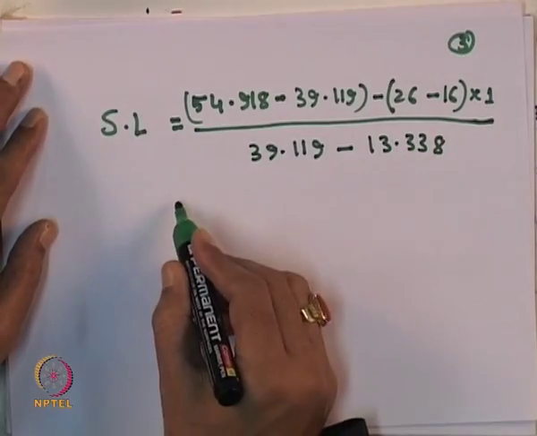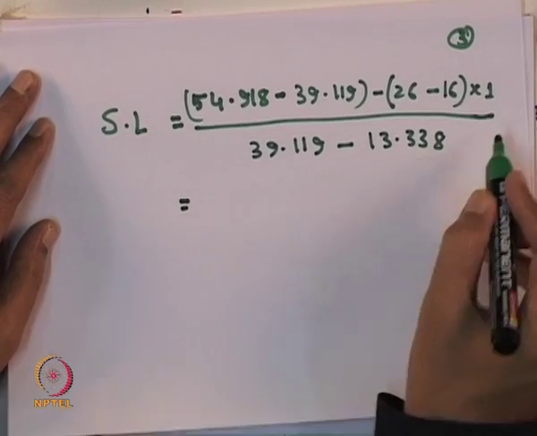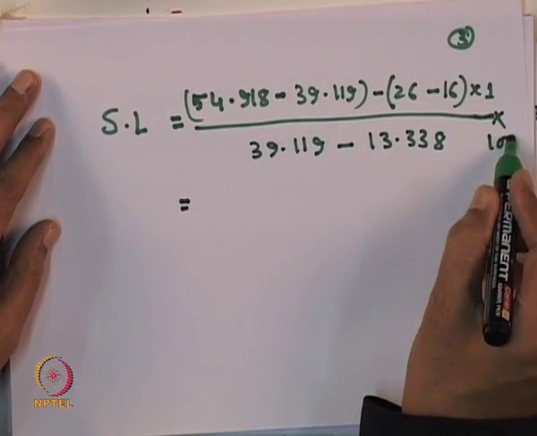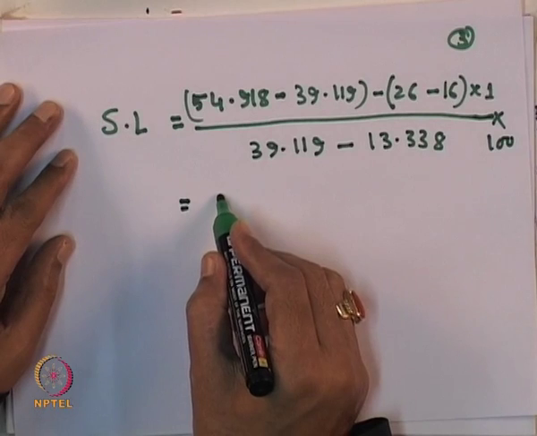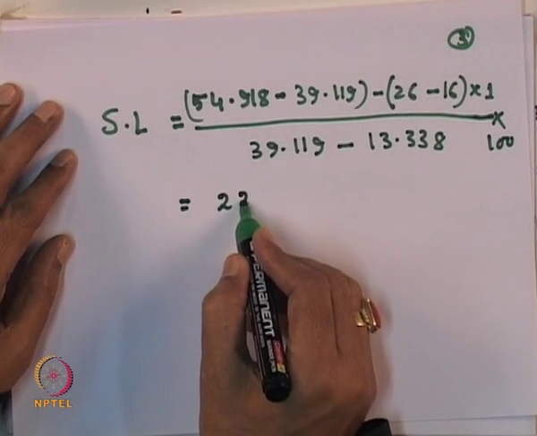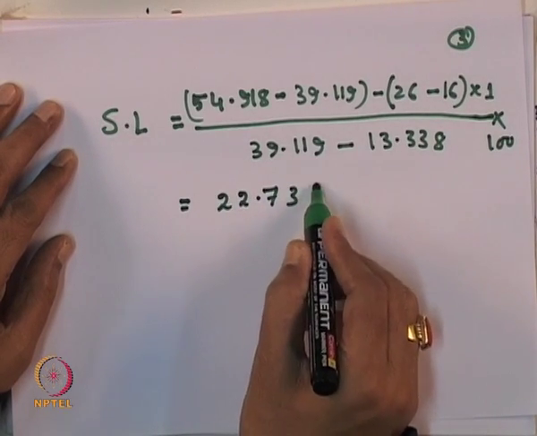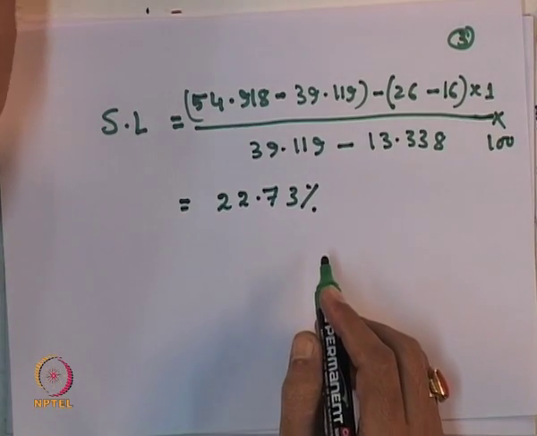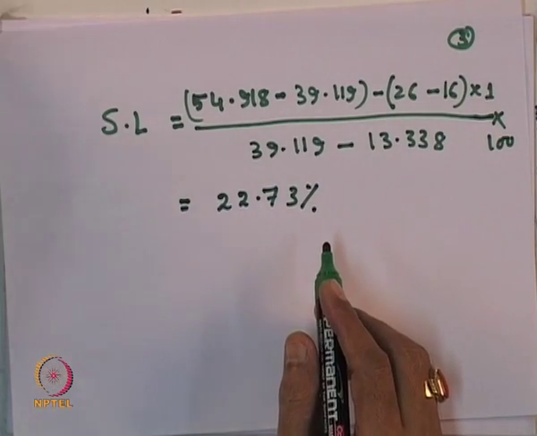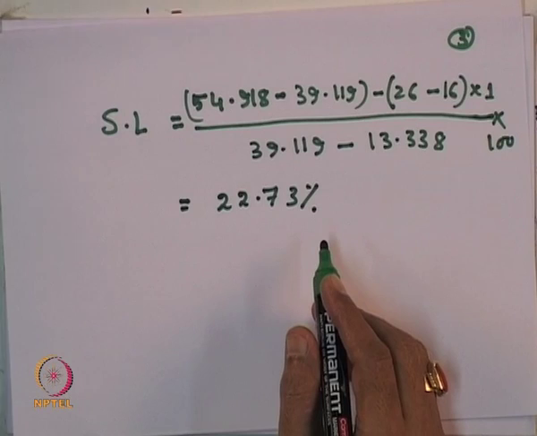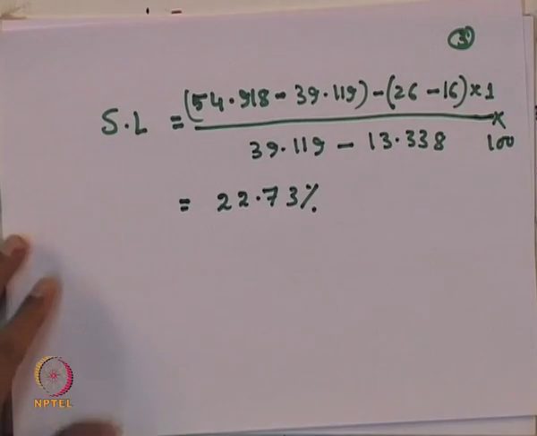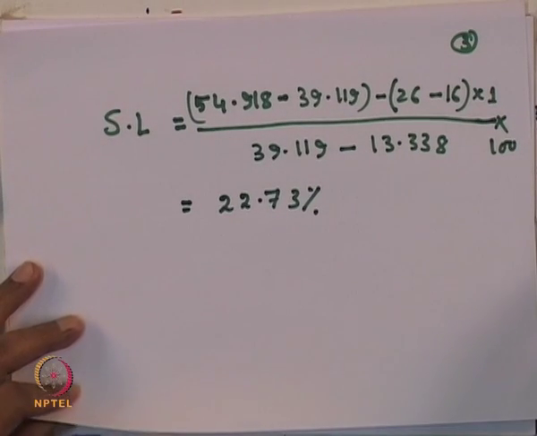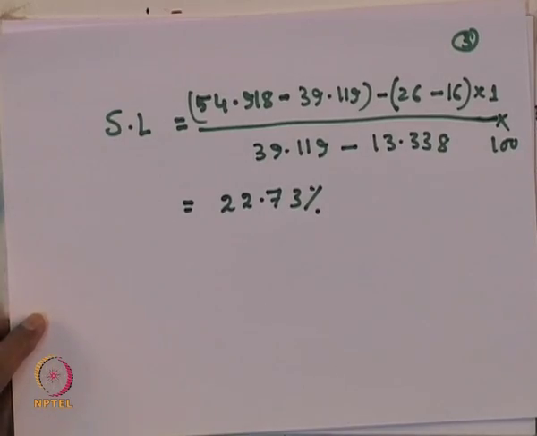You can determine this, into 100. Then you can calculate the shrinkage limit. This comes about 22.73%. So, in this way you can calculate the shrinkage limit of the soil.